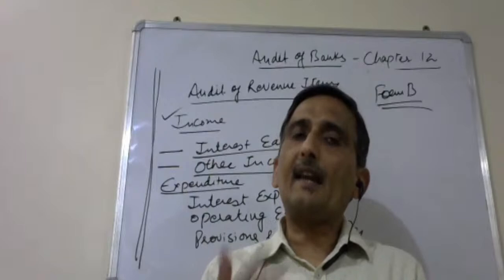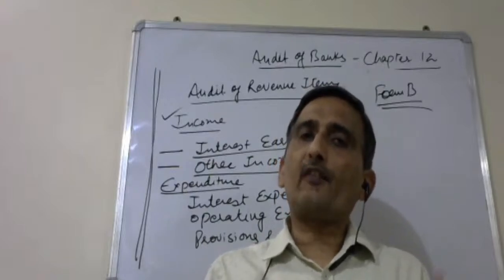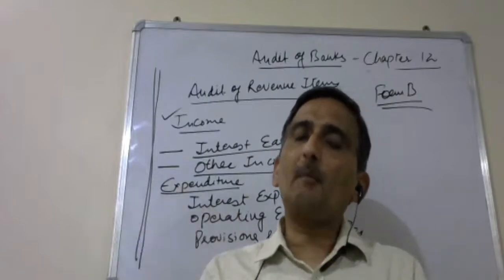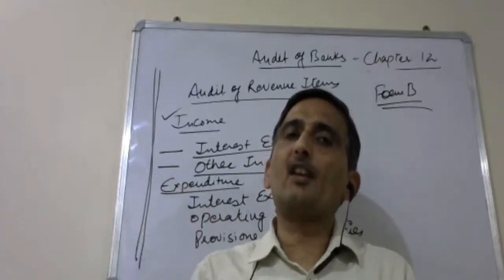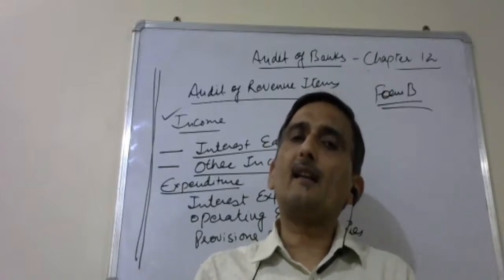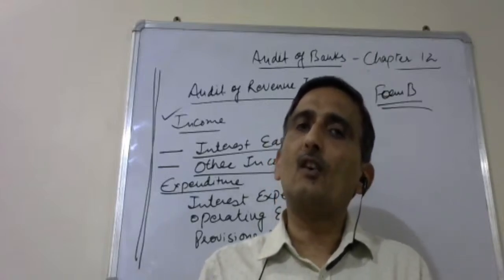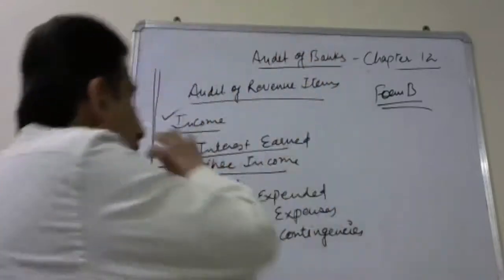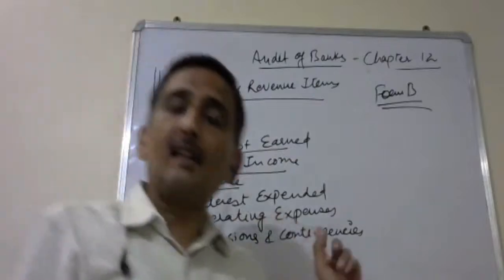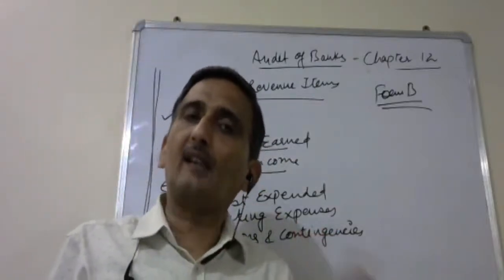And it can also be interest from investments. Say a bank has made some investments in government securities and it is getting regular interest at certain fixed intervals. That also comes under the head interest earned, because the nature of income is interest earned.